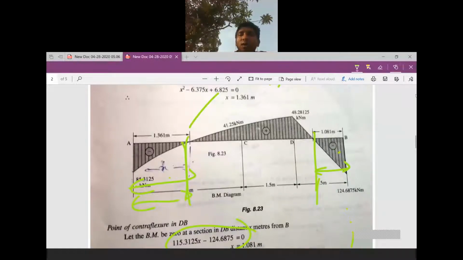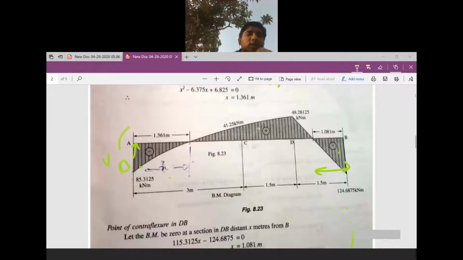Here, how will you calculate it? When you see here, you have VA, here you have an external moment MA in the anti-clockwise direction, and here you have a uniformly distributed load of 25.